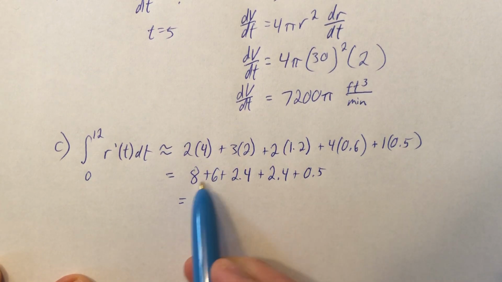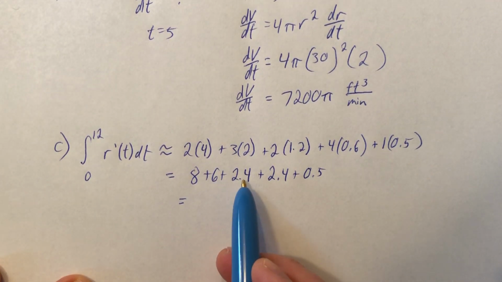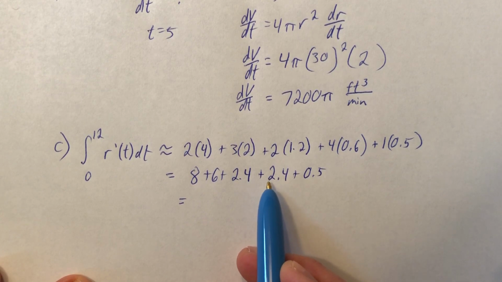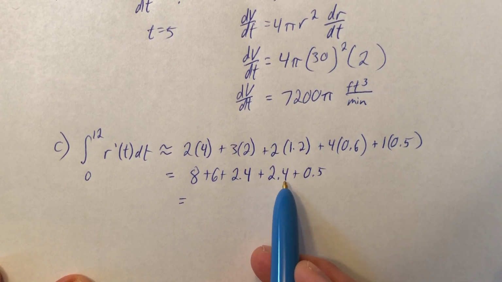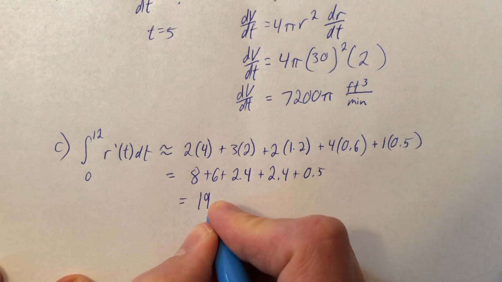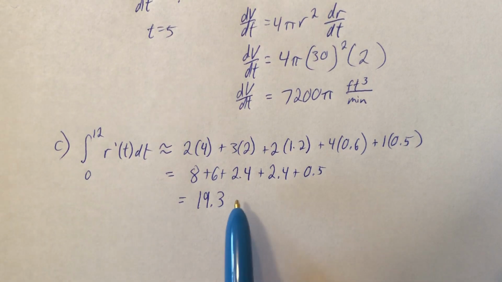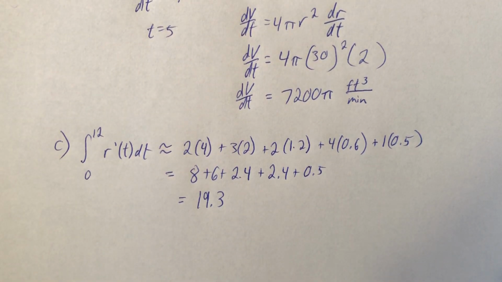And here we go. That is 14, 16.4, 18.8, 19.3. And I'm not going to use 3 decimal places because if it truncates, meaning like that's it and there are no more other decimals here, then I don't need to put 0, 0 or whatever. You could, but you don't have to.